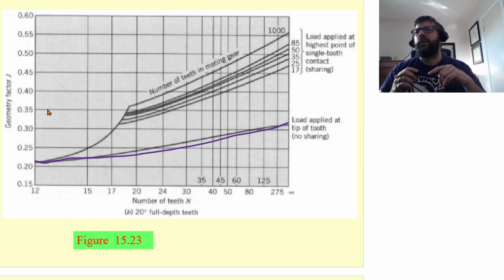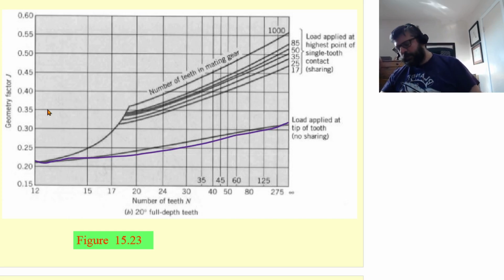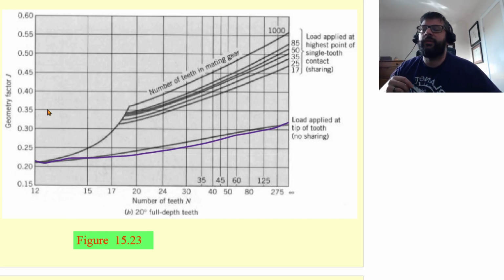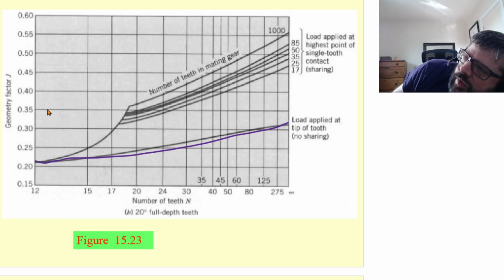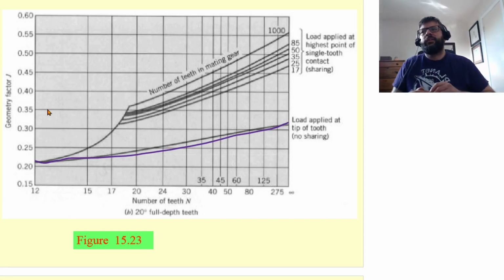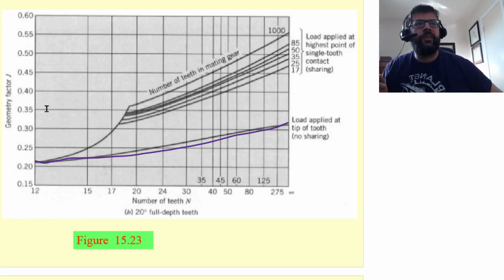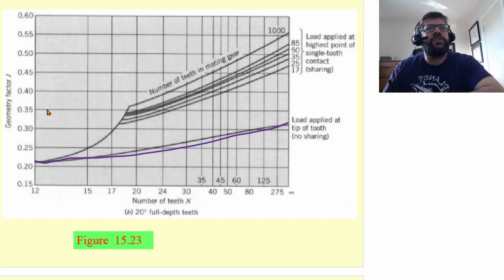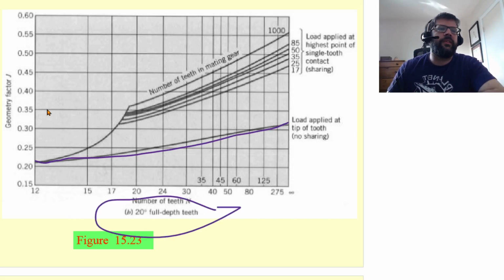If you don't have a very precisely ground gear, then we can't assume a contact ratio above 1. If we're assuming the load is applied at the tip of the tooth, then the J factor varies only with the number of teeth. And again, I'd like to point out that this chart is only for the 20-degree full depth teeth.